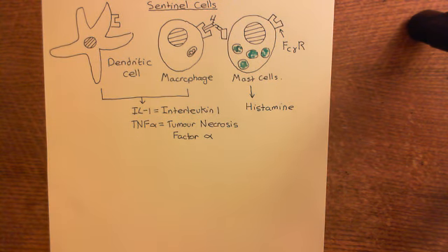Okay, so you've got interleukin-1 being poured out into the interstitial fluid of the synovium, and you've also got tumor necrosis factor alpha being poured out into the interstitial fluid of the synovium, and you've also got histamine being poured out into the interstitial fluid of the synovium. Some of this will end up in the synovial fluid as well.